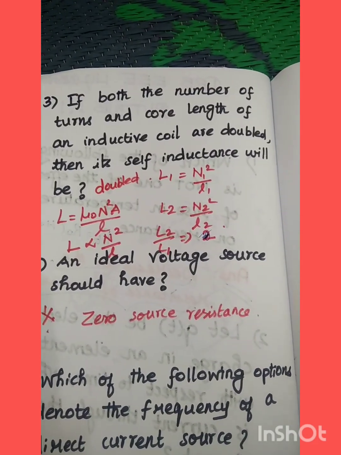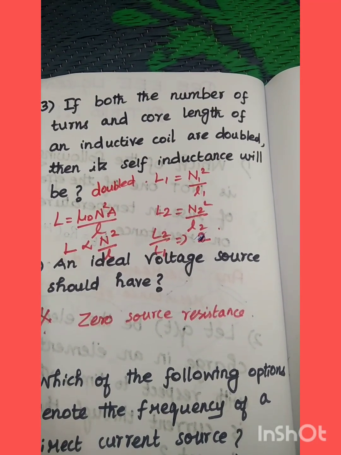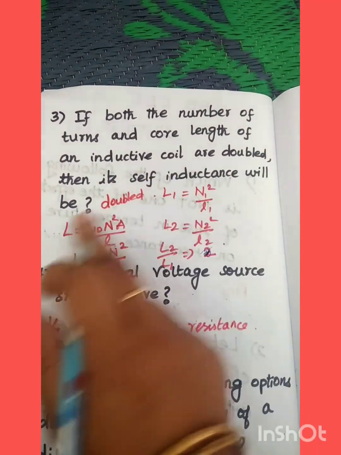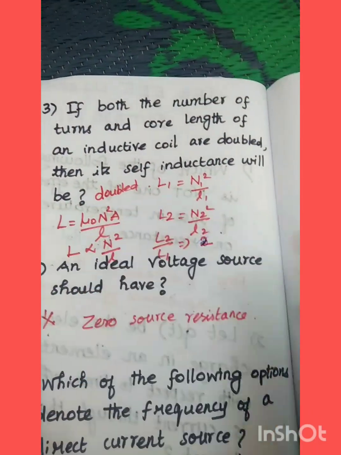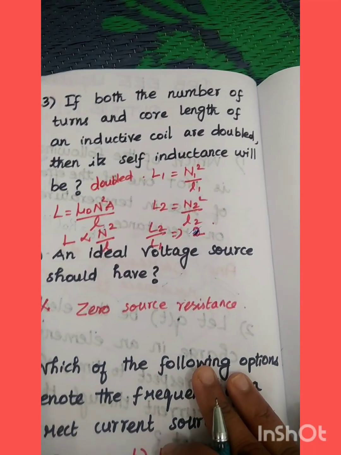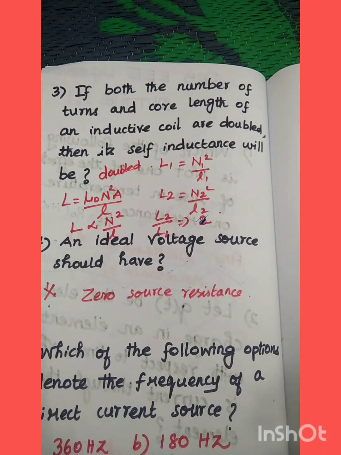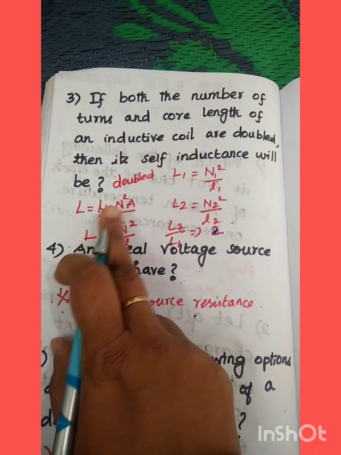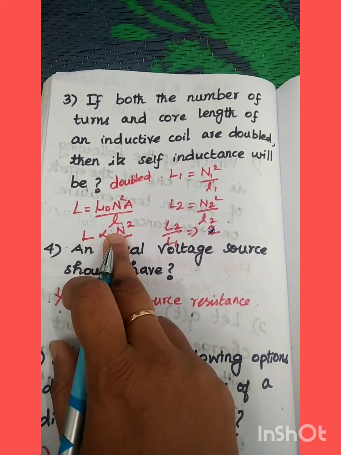And the next question. If both the number of turns and the core length of an inductive coil are doubled, then its self-inductance will be? According to Faraday's law of electromagnetic induction, the self-inductance of a solenoid can be written as L = μ0 N² A / l.